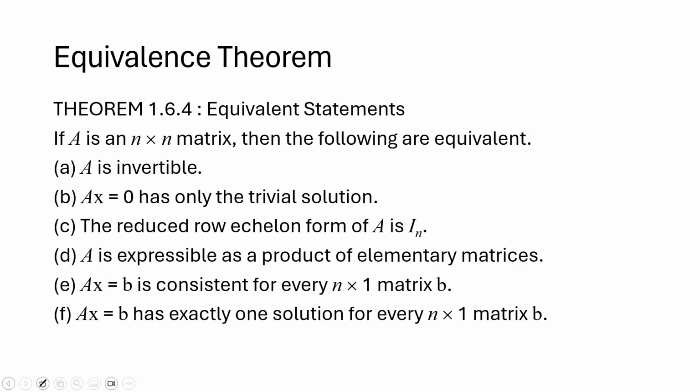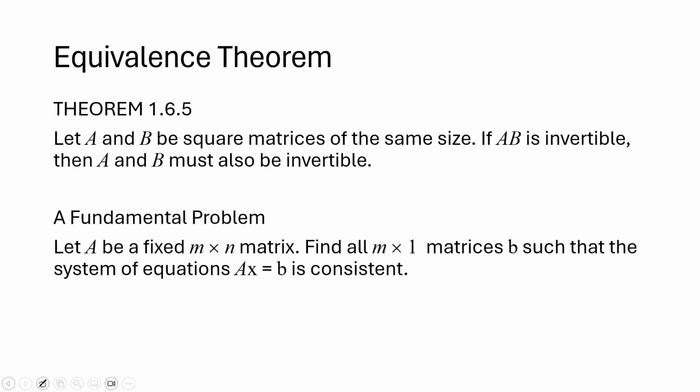It follows from the equivalency of parts E and F that if you can show that Ax equals B has at least one solution for every n by 1 matrix B, then you can conclude that it has exactly one solution for every n by 1 matrix B. So let's have theorem 1.6.5.